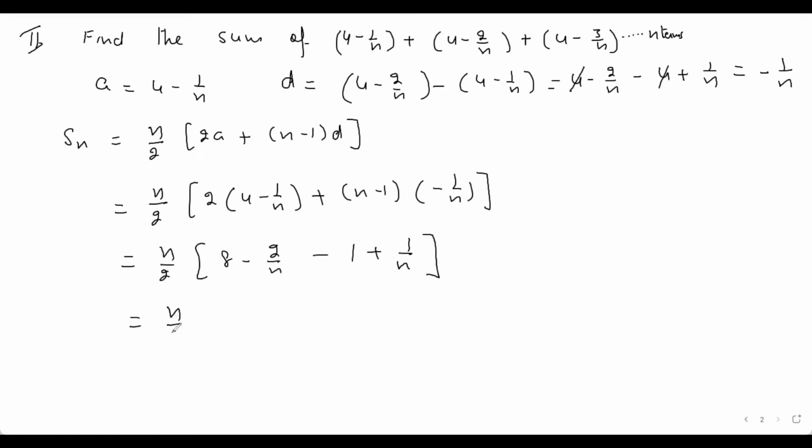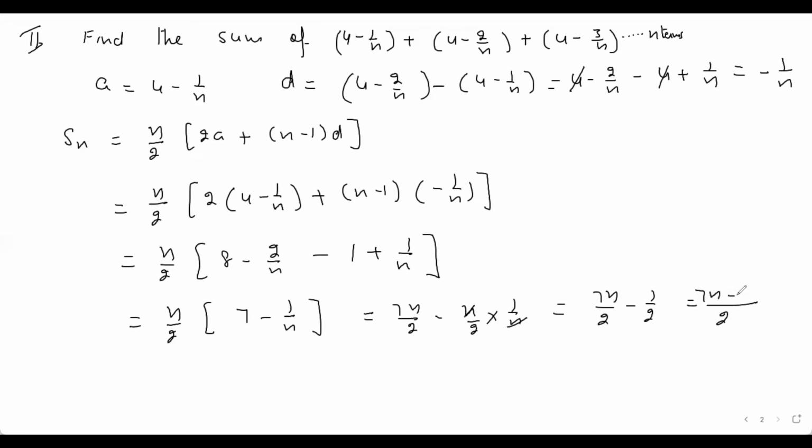That is n by 2, 7 minus 1 by n. 7n by 2 minus n by 2 into 1 by n. That is 7n by 2, n and n cancelled, minus 1 by 2. 2 is the LCM, 7n minus 1. So that is the answer.